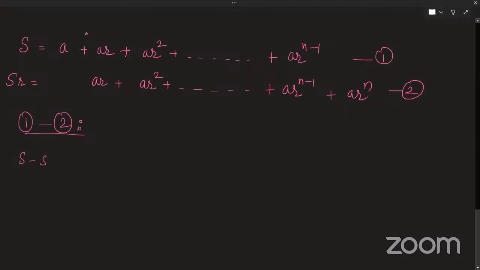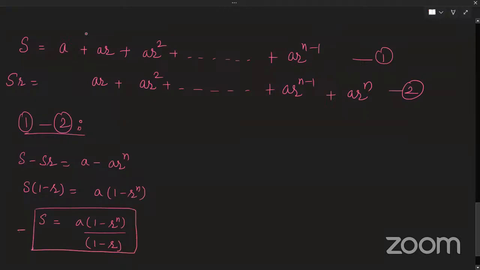So S minus SR is equal to A minus AR raised to N. So S into 1 minus R is equal to A into 1 minus R raised to N. In other words, I get the sum as A into 1 minus R raised to N by 1 minus R.